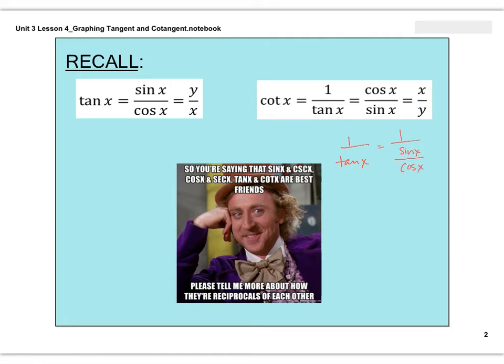But you don't want to leave a fraction in a fraction, so multiply by the reciprocal. Whatever you do on the denominator, also do in the numerator. So on the bottom, these cancel, and then on the top, we end up with cosine x over sine x, which is what we have here. So cotangent is cosine over sine, which is basically the x-coordinate over the y-coordinate.